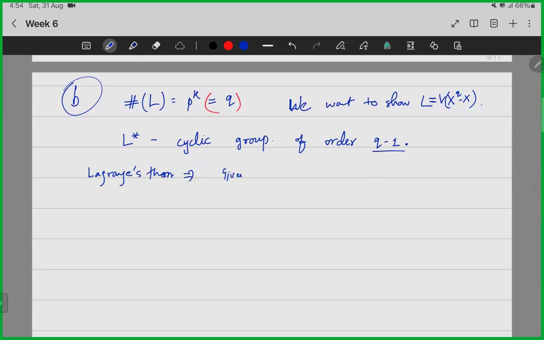given any x inside L star, x to the power q minus 1 is equal to 1, right? The order of x divides q minus 1, inside a group of order q minus 1. L star is a group under multiplication.